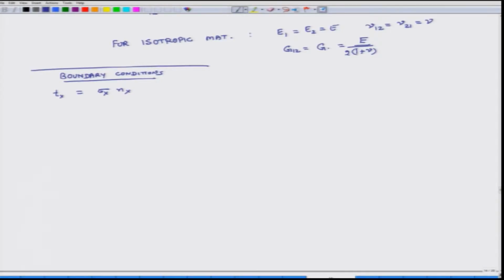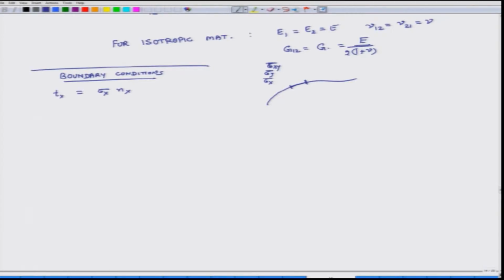Suppose this is a surface and I am applying some sigma x here. Over this zone I am applying sigma x, and I am also applying sigma y and shear stress.